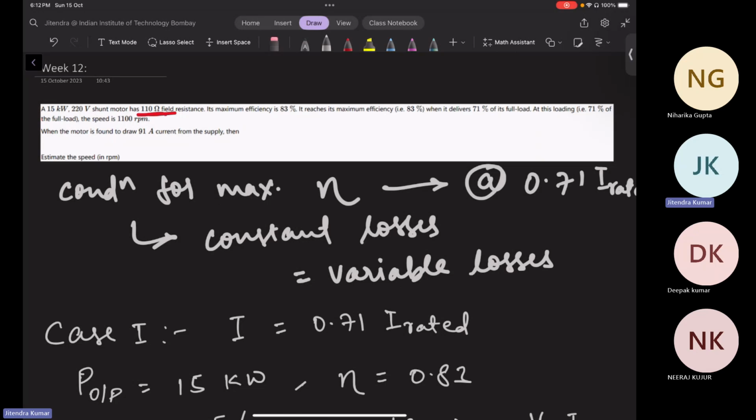So at maximum efficiency condition, that is 71% of full load current, we concluded one more thing, that at maximum efficiency, constant losses are equal to variable losses. So, will it be sufficient to provide any other data?